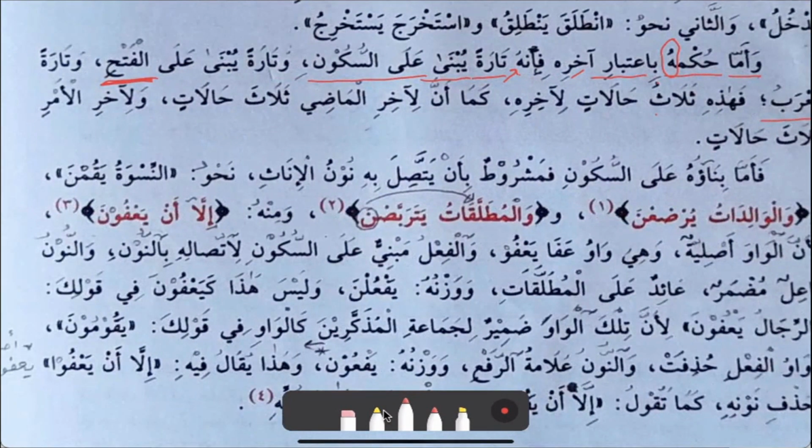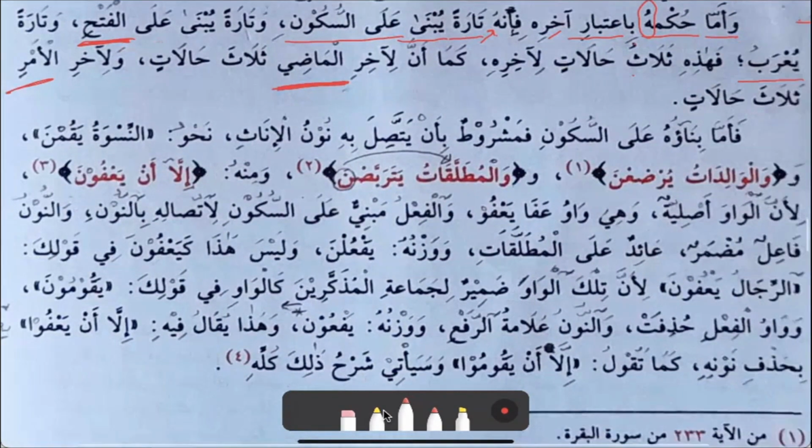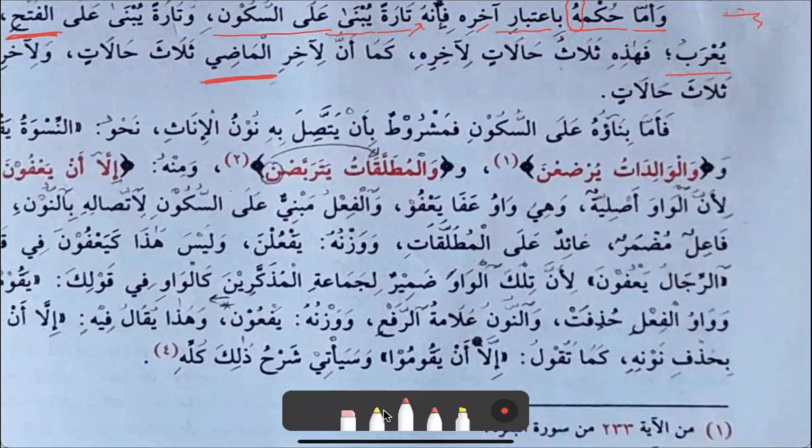كما أن لآخر الماضي ثلاث حالات. Just like the end of the fi'l madi, the past tense verb, has three cases. وَلِآخِرِ الْأَمْرِ ثَلَاثَ حَالَاتٍ, and the command verb has three cases.